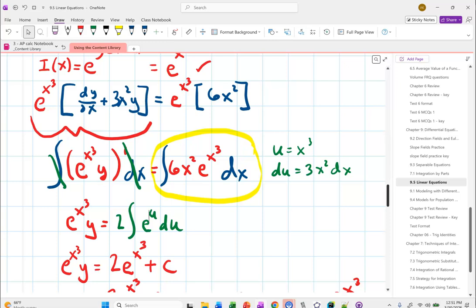I've never tried. I think you'd probably have to pick the u to be e to the x cubed, because you have no way of integrating that by itself. So you'd have to pick e to the x cubed to be your u, and then 6x squared to be your dv. Maybe that would work out. I'm not positive, though. I'd have to try it.